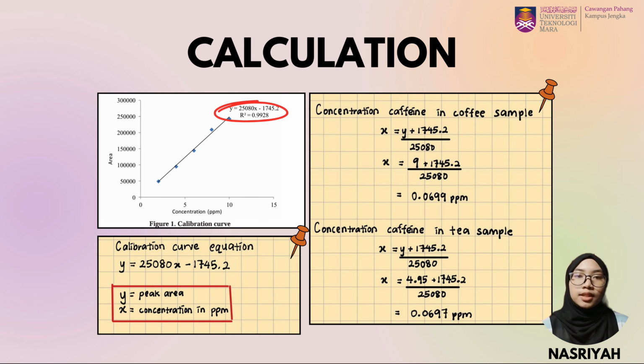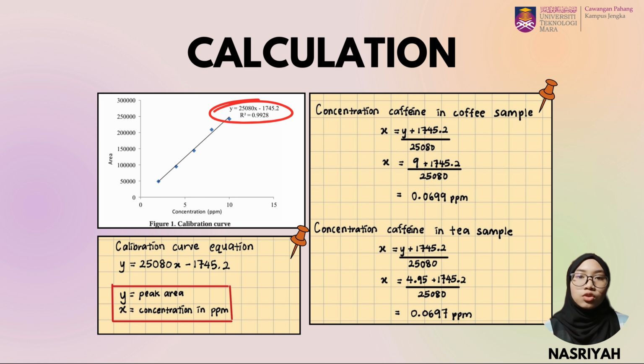So, to determine the caffeine content in tea and coffee, we look at the calibration curve equation, which is y equals 25080x minus 1745.2, and then let y be the peak area as we found in the previous slide and x is the concentration in ppm.